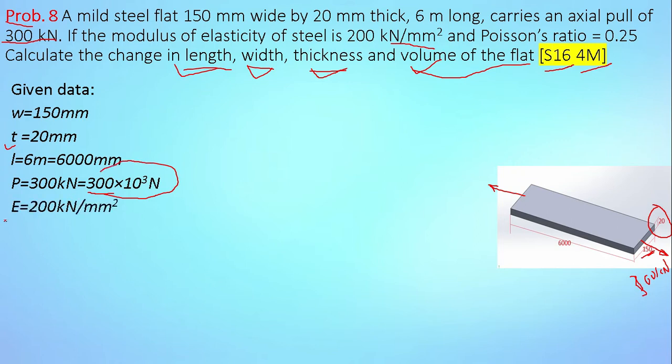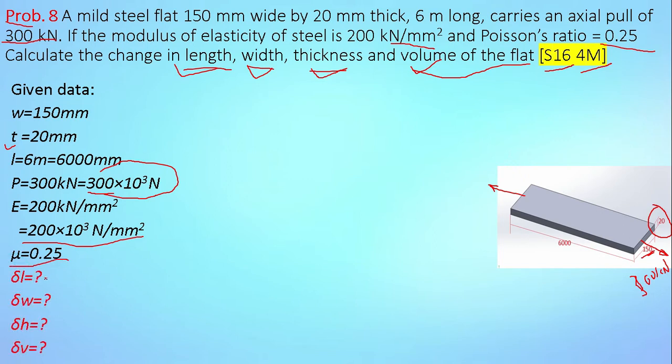Young's modulus E is equal to 200 kilonewton per mm square, which is equal to 200 into 10 raised to 3 Newton per mm square. Poisson's ratio mu is equal to 0.25. And change in length, change in width, change in thickness, and change in volume, these four are unknown.